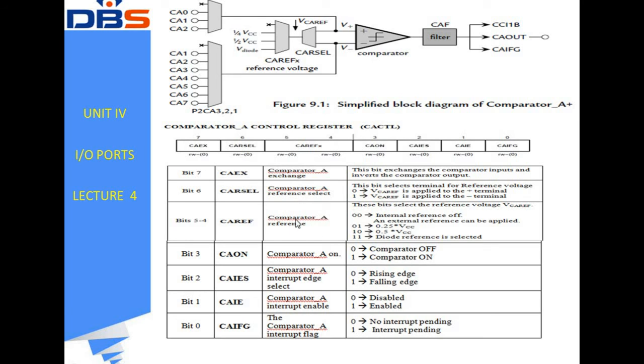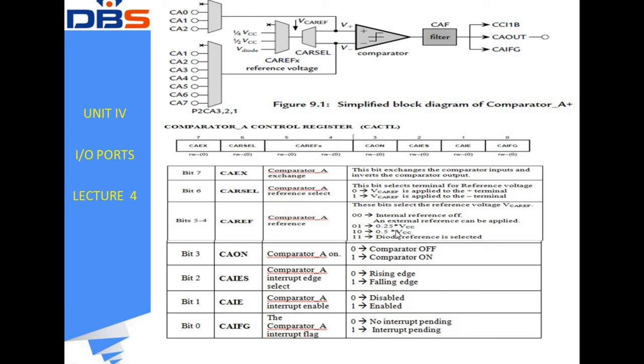Here we are taking the reference value. When both bits are 0 0, then the internal reference is off and an external reference can be applied. Here this is the internal reference and this is the external reference. So when it is in 0 0 mode, the internal reference will be off and the external reference will take place.